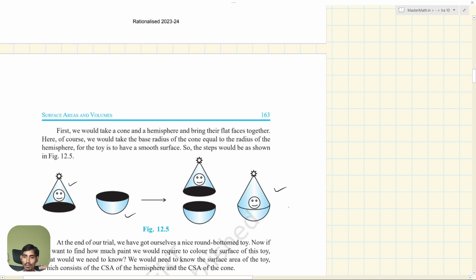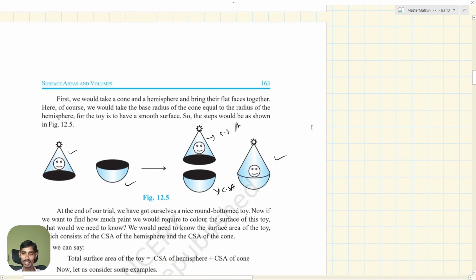They are making a combined toy. So the volume would be combined, but for the surface area we need to be a little careful. It would be the CSA for this and the CSA for this. It's not TSA plus TSA. So that kind of situational observation we need to make, and deal with it accordingly.